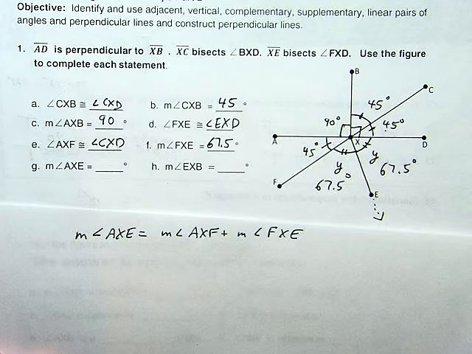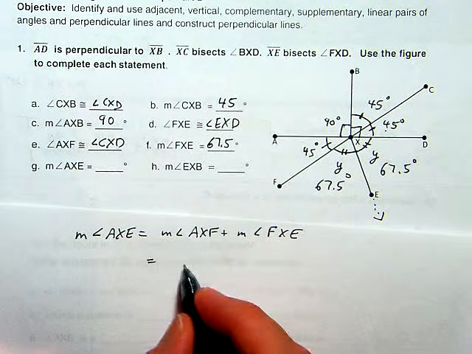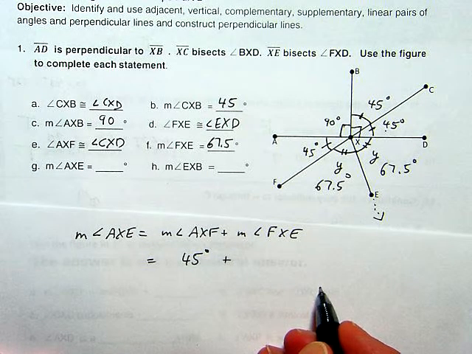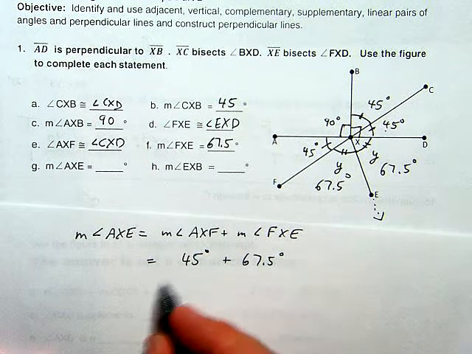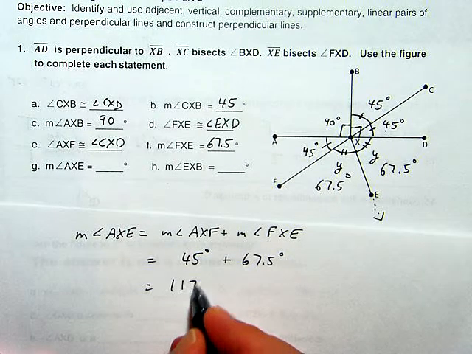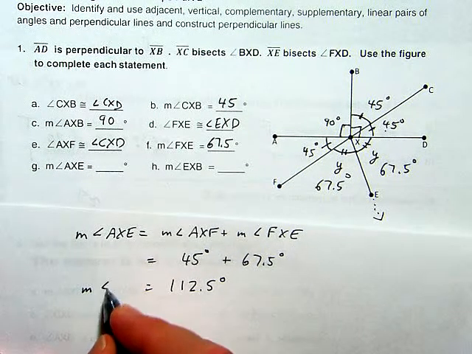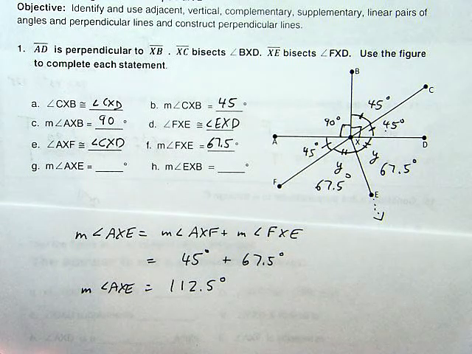And then let's go ahead and plug those values in. The measure of angle AXF is 45 degrees. The measure of angle FXE is 67.5 degrees. And the sum of those two is 112.5 degrees. So the measure of angle AXE is 112.5 degrees.